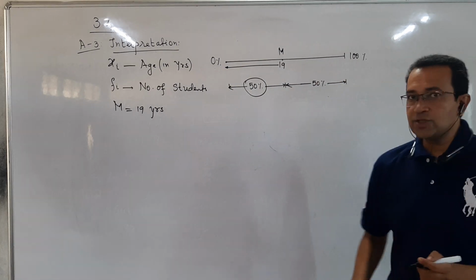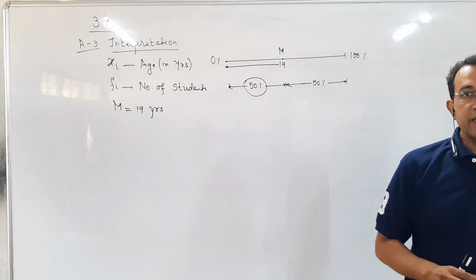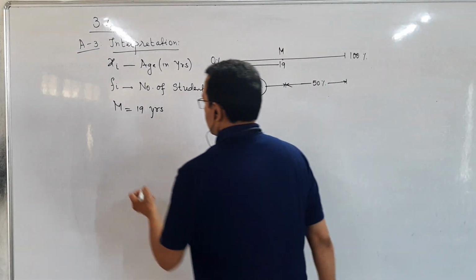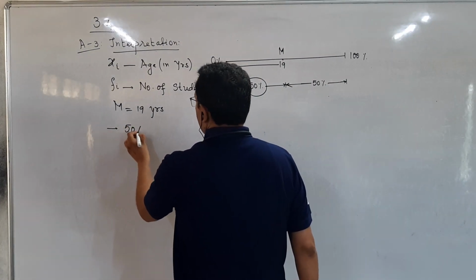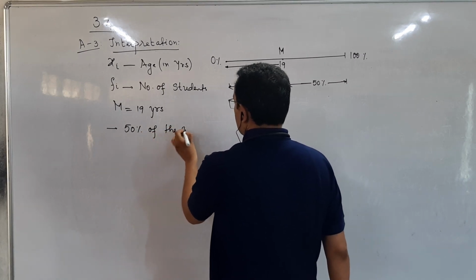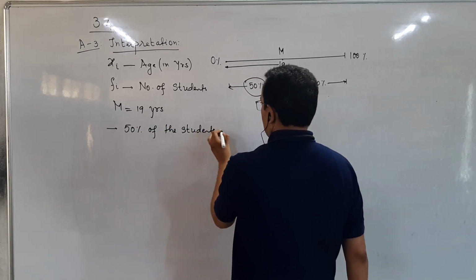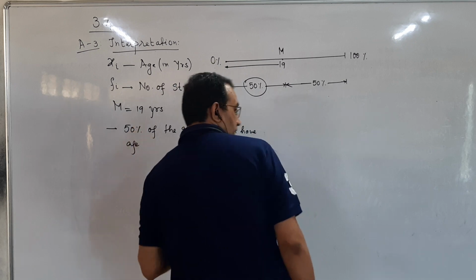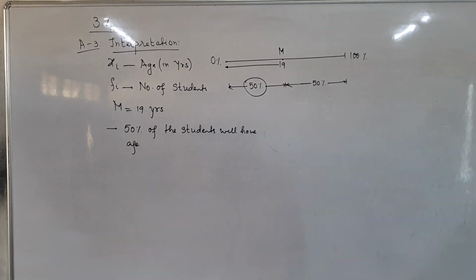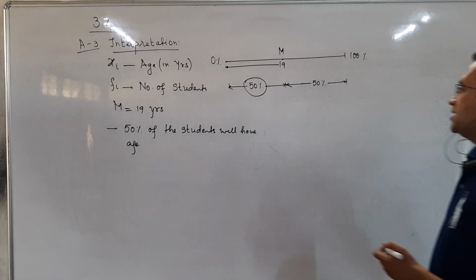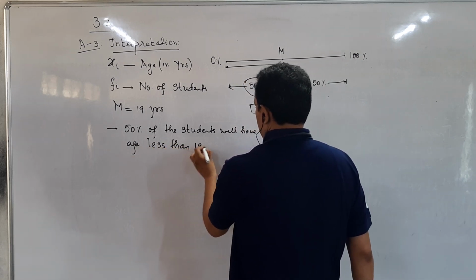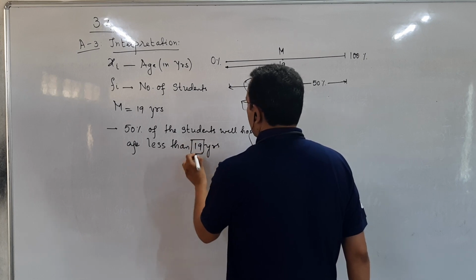So what is the interpretation for median, students? 50% of the students will have their age less than 19 years, which is the value of median.